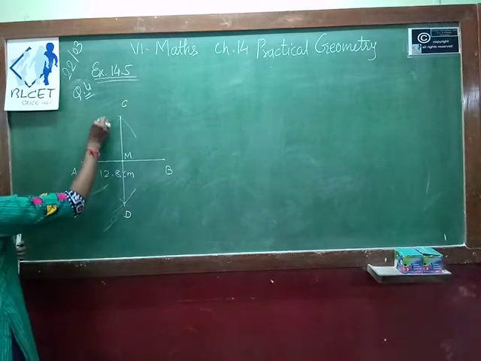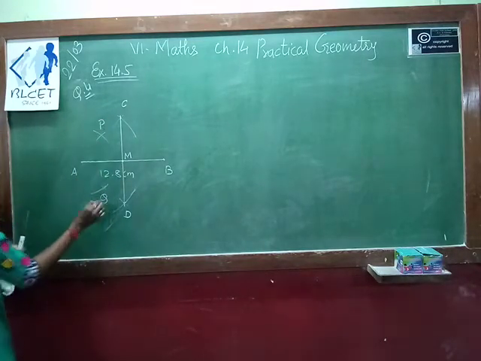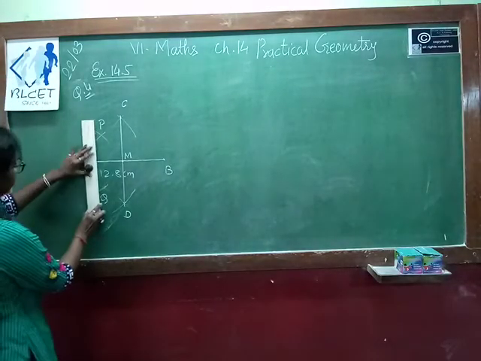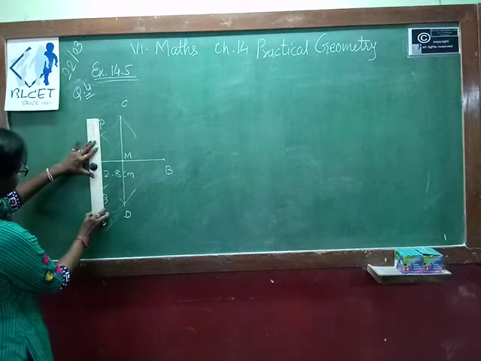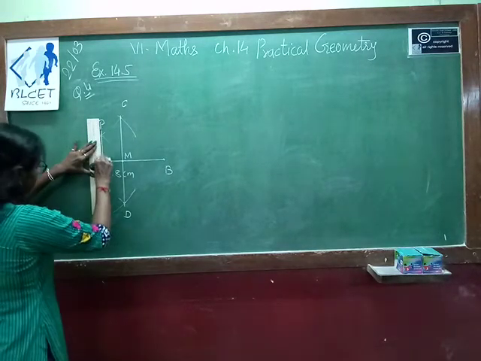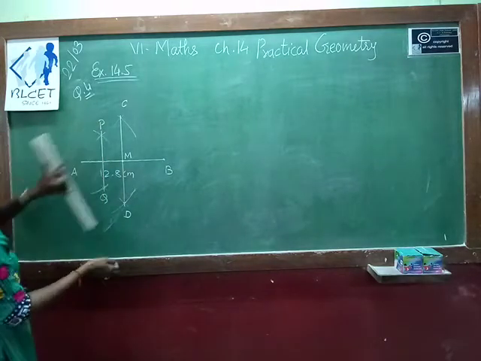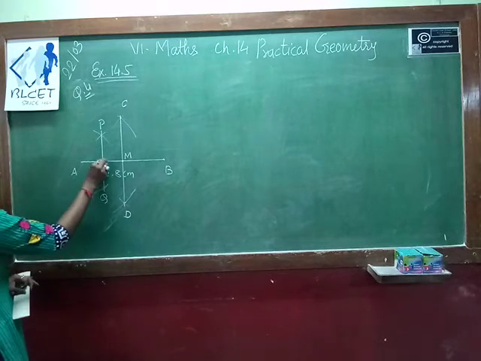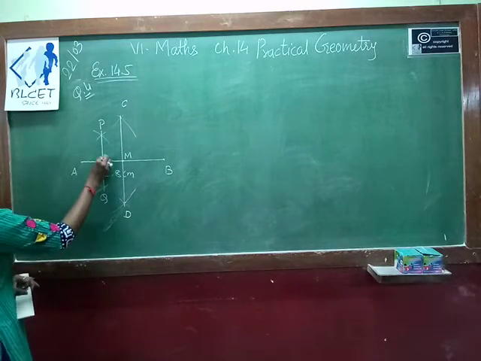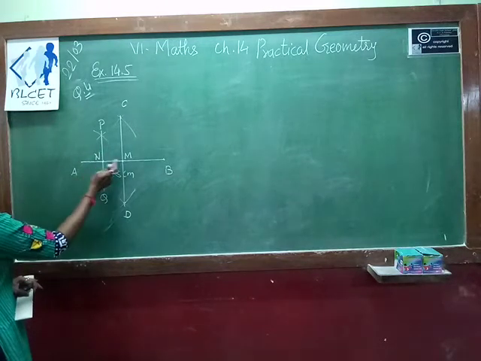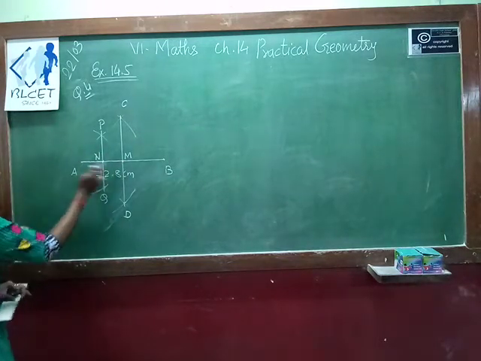These are your points P, Q. Join PQ. So now AM is divided into 2 equal parts. Here we can give the name N. So AN is equal to NM. These 2 parts are equal.